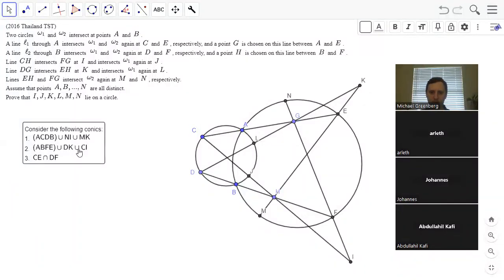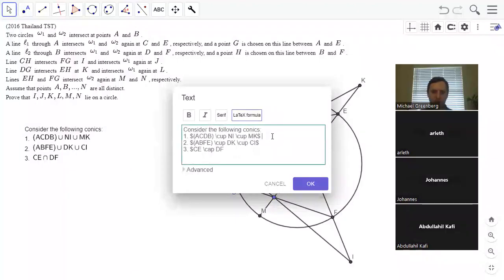Yeah. Okay, so CE, DF, and this is degree 4, and this is also degree 4, and so also consider the quartic.